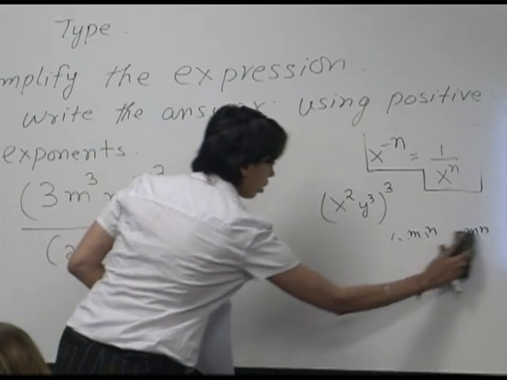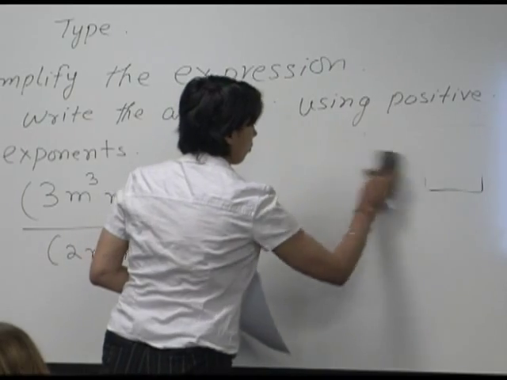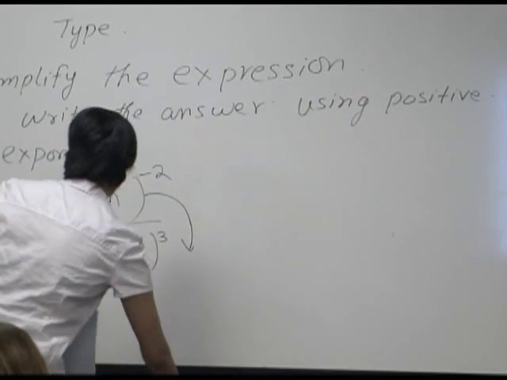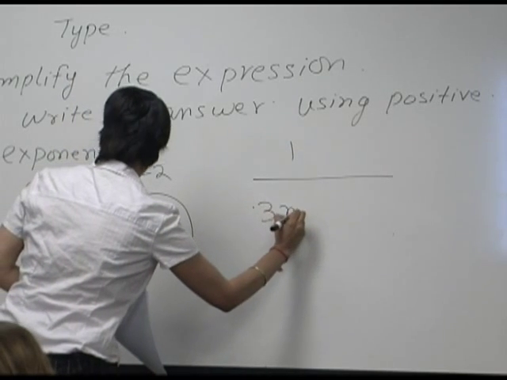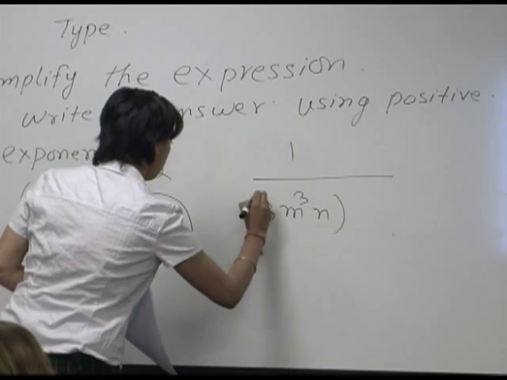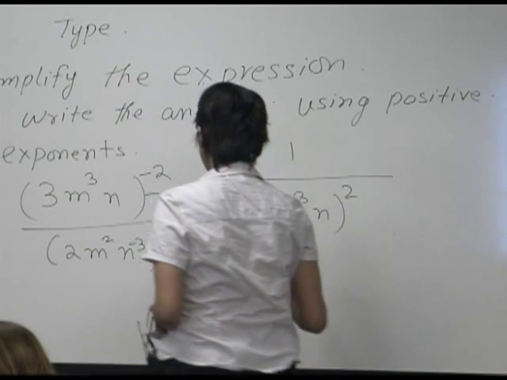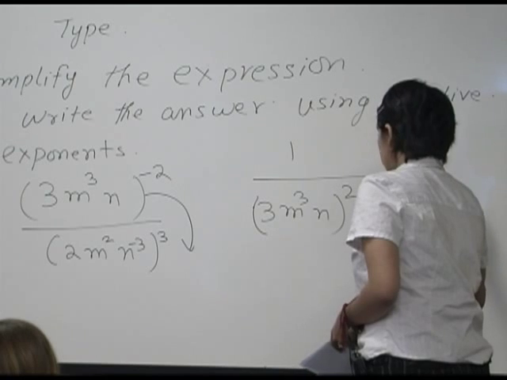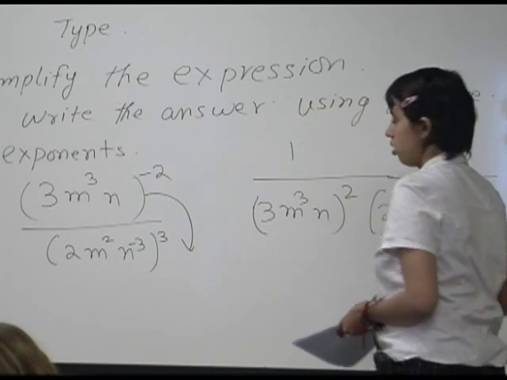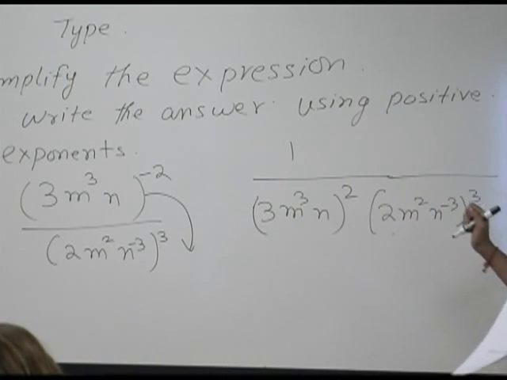All right, what we do is we're going to flip this. We write 3m cubed n squared on the bottom and 2m squared n on top. Do you understand why I wrote 1? Jose, do you understand?